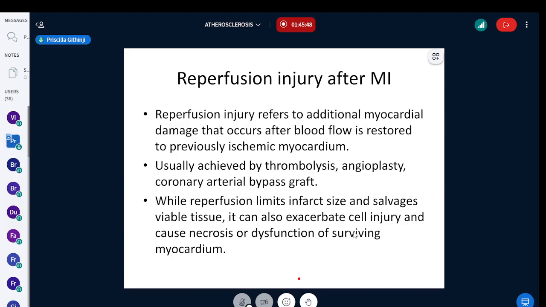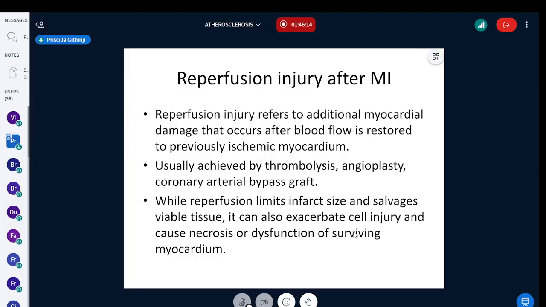So while reperfusion limits infarct size and salvages viable tissue, it can also exacerbate cell injury and cause necrosis or dysfunction of surviving myocardium. Remember, in ischemia, you usually have formation of reactive oxygen species. So when you're bringing in more oxygen, you lead to more formation of these reactive oxygen species.